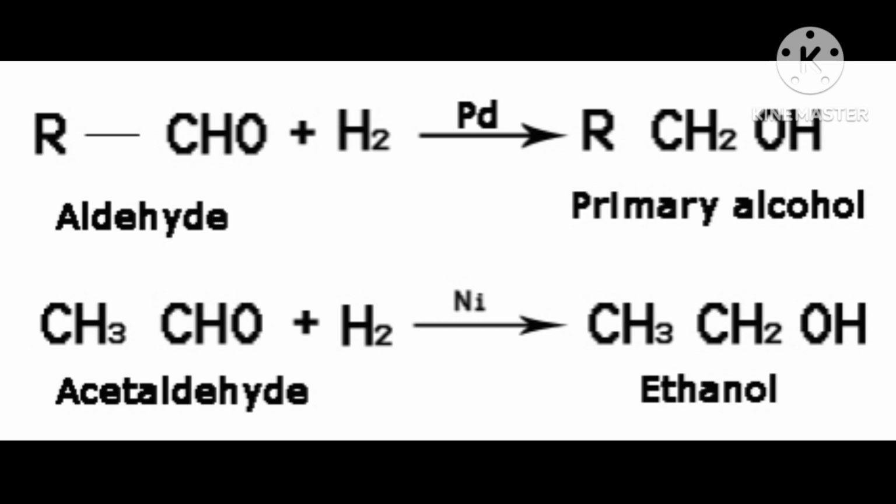Now another reaction, from a ketone, RCOR dash. The CO group is there, with 2 valencies, one attached to R and the other to R dash. R may be ethyl, R dash may be ethyl, or both groups are not the same.